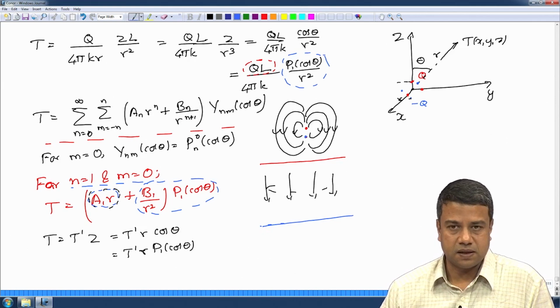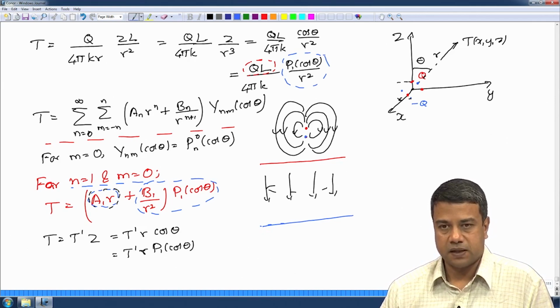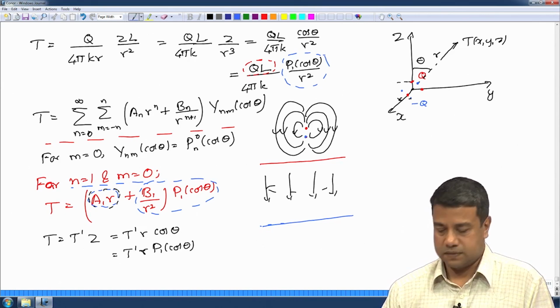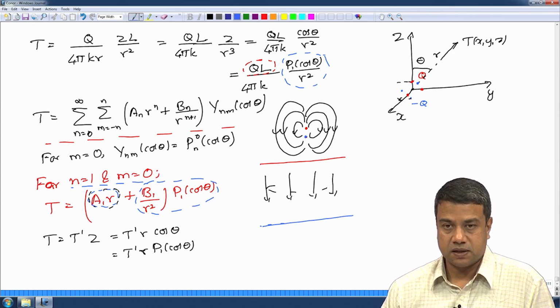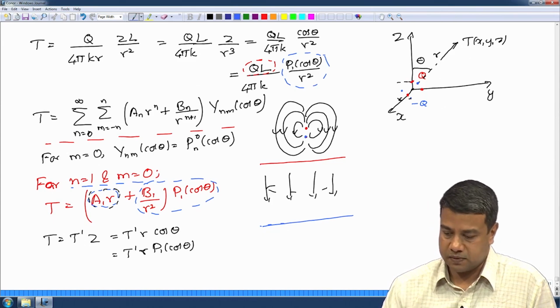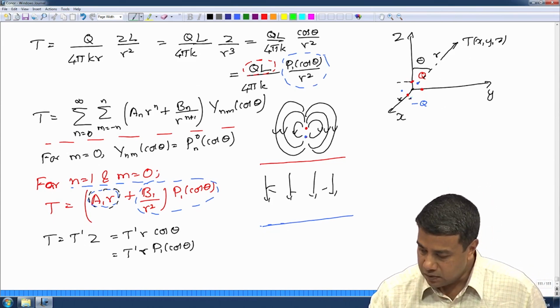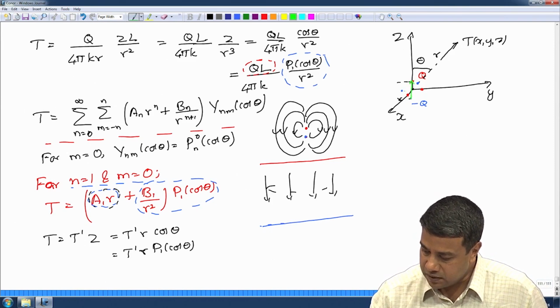In this case, they are in the x, y and z direction. So any dipole can be expressed as the combination of these 3. That is why you have 3 solutions, m = 0, m = minus 1 and m = plus 1, with the dipole moments aligned along the 3 coordinate directions.